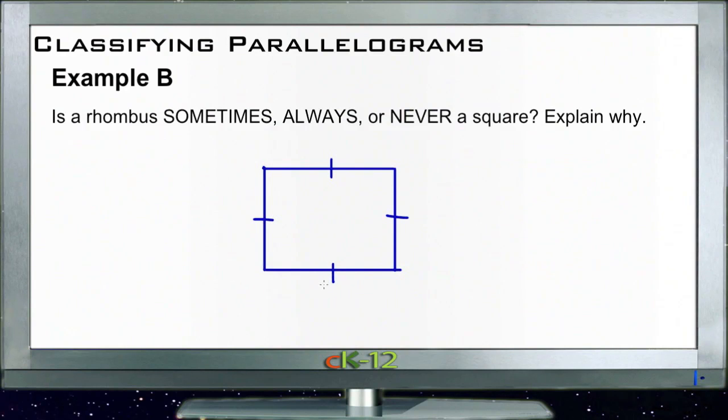Those are both descriptors of a square, but a square also has four 90-degree angles, and a rhombus does not necessarily have to have 90-degree angles. So it can, but it doesn't need to, which means that a rhombus is sometimes a square. A square is a type of rhombus, but there are rhombi that are not squares.